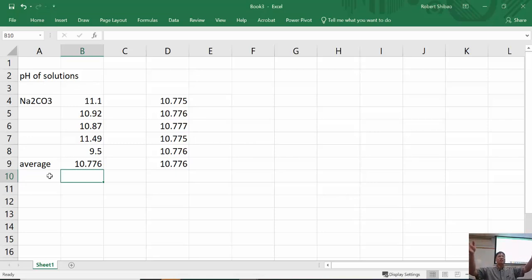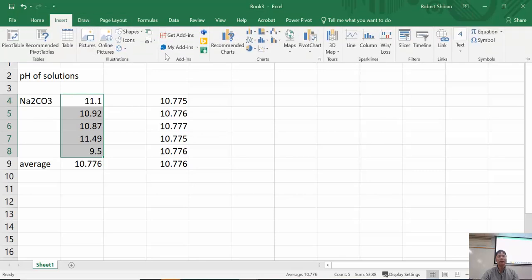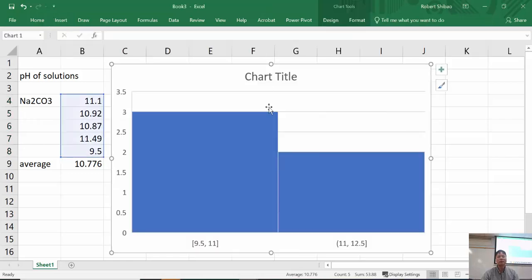The standard deviation says, okay, if you were to graph the data as a histogram, and in fact we could probably graph this as a histogram, let me just do that here by inserting a chart. I'm going to go with a histogram chart here.